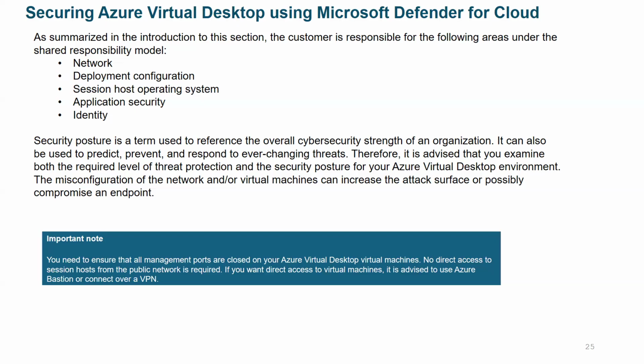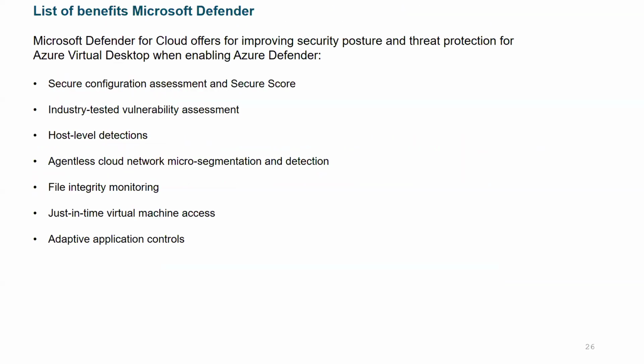So we can just create host pools, security groups, and we can provide applications. The list of benefits of Microsoft Defender: secure configuration assessment and secure score, so that we do get a secure score. Industry-tested vulnerability assessment.